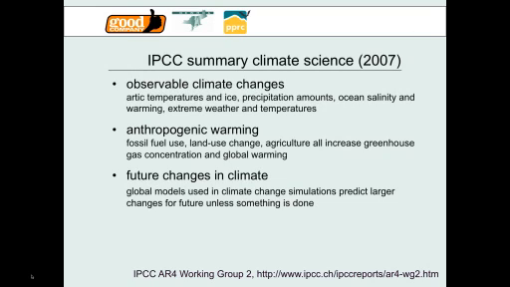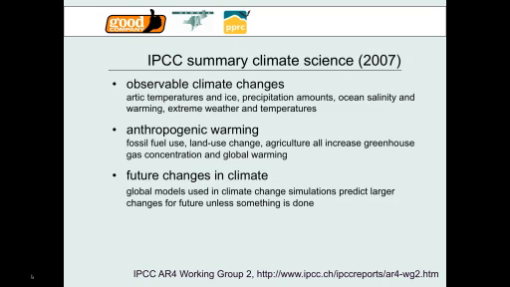So a quick summary of climate science, and again, this is really just a backdrop that I think we should feel free to refer to when we're discussing these things. And this has become unfortunately contentious in our society, but I think it's important to note the summary points that overwhelming consensus in the scientific community has given us.